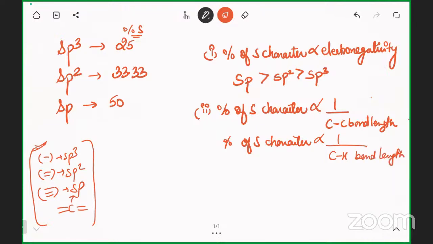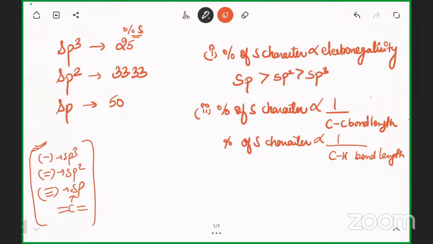The more S character there is, the lesser will be the bond length. Now tell me which will have the smallest bond length. I'm saying if S character increases, bond length will decrease.